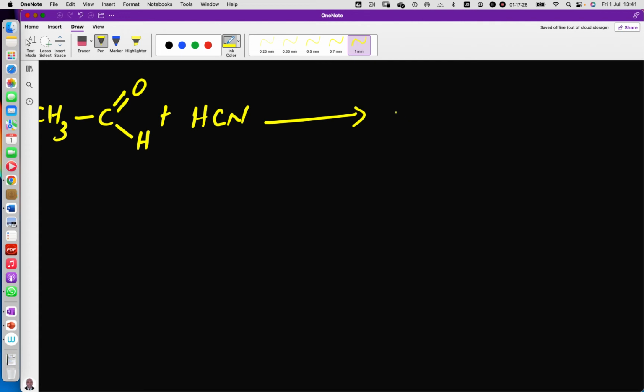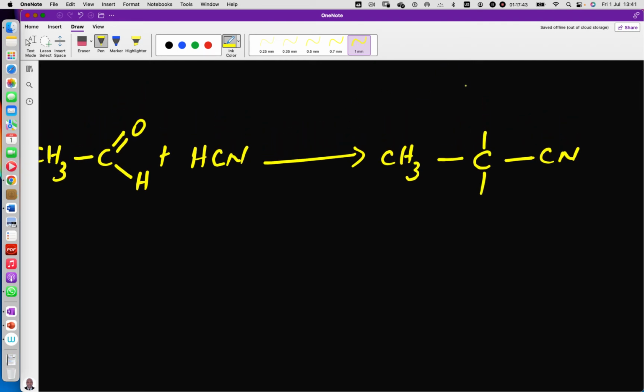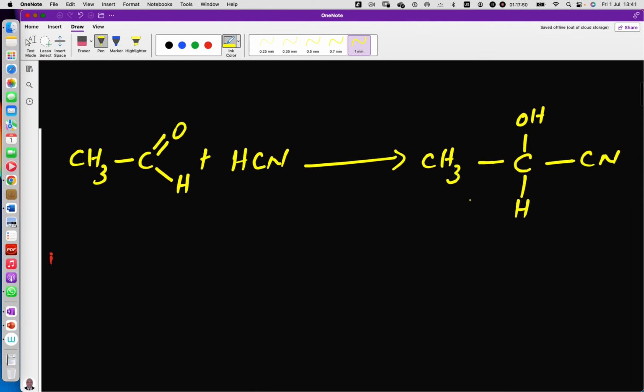This is the product, CH3, the OH, hydroxynitrile. So when an aldehyde reacts with hydrogen cyanide, it's not the potassium cyanide. They all will react to produce this, and this one will break down to produce the hydrogen and the cyanide.